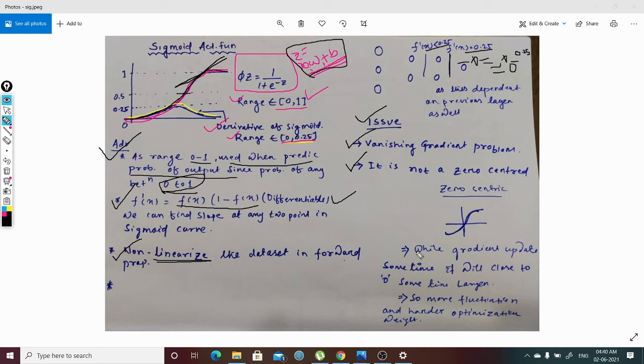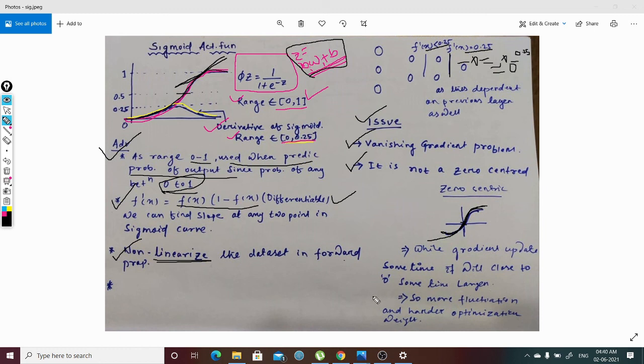Why is not being a zero centric activation function bad? Let's see. tanh is a zero centric function, I'll tell you when I discuss tanh. tanh passes through the center 0. If it is not a zero centric activation function, then during the gradient update, sometimes it will come close to 0, and sometimes it will be much larger than 0.